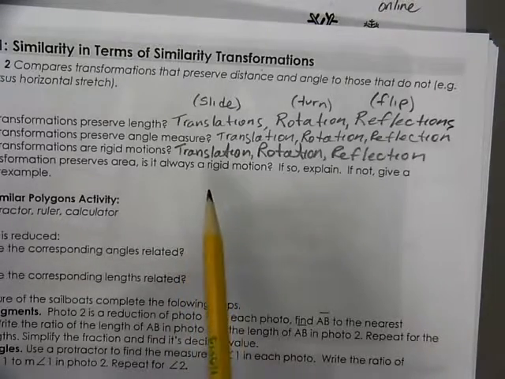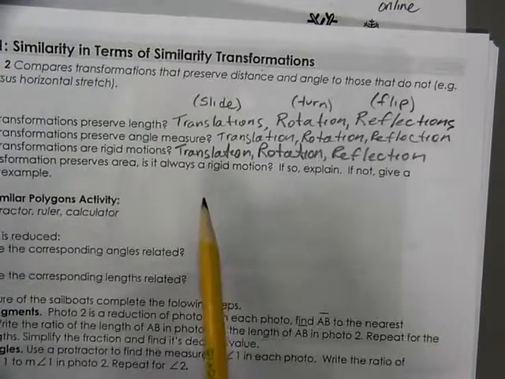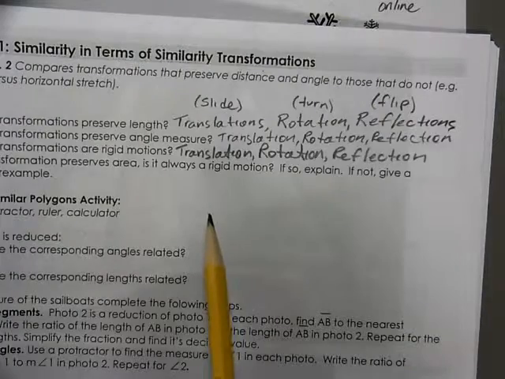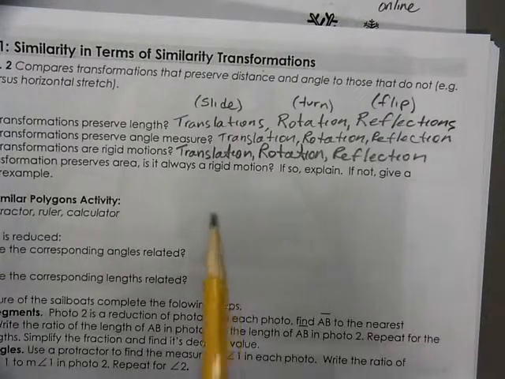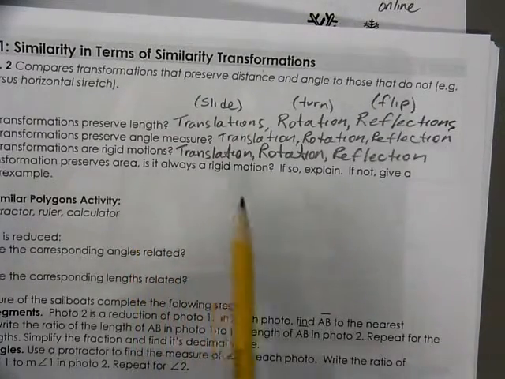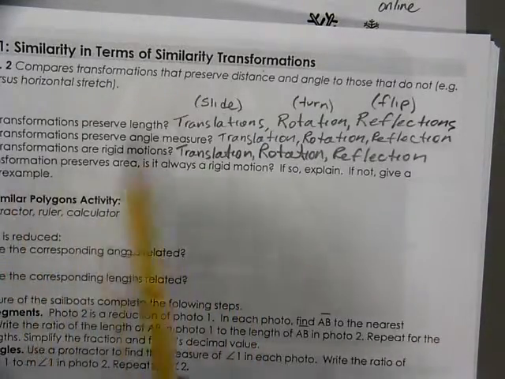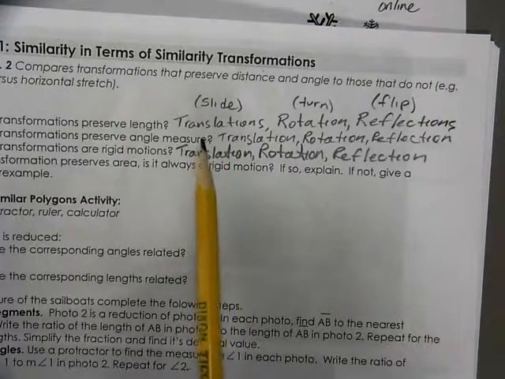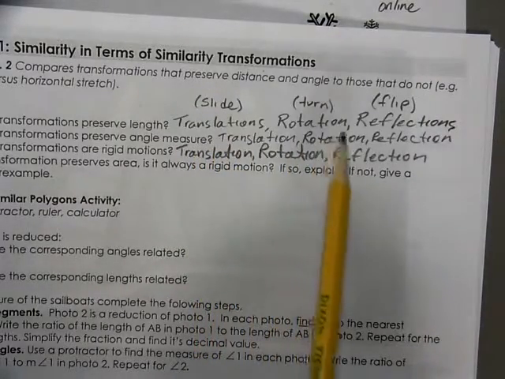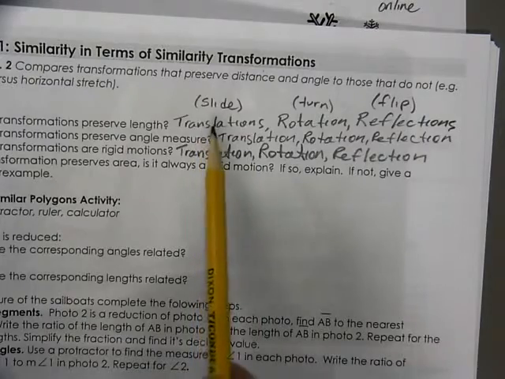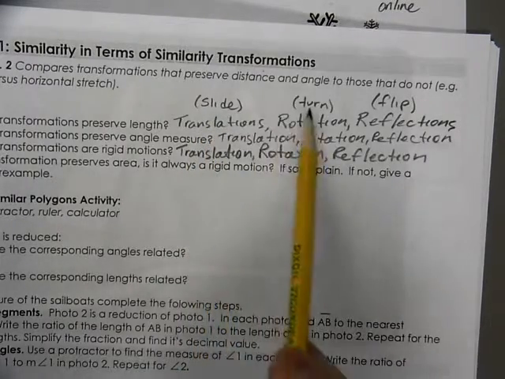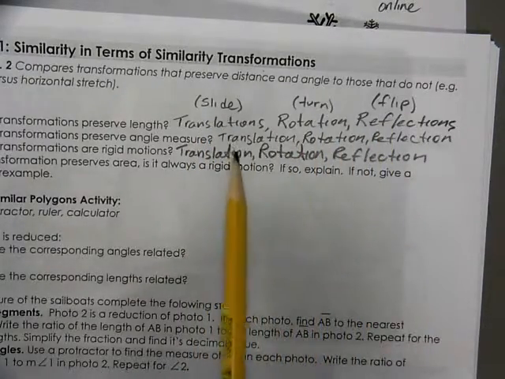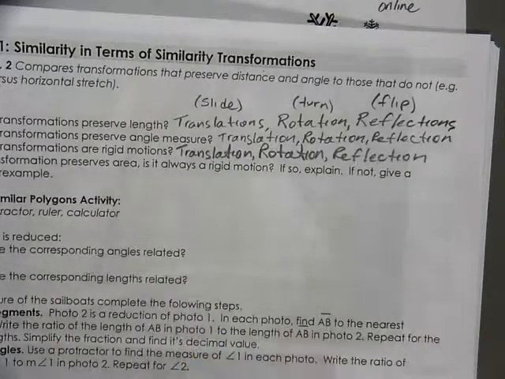It is possible that different triangles could have different dimensions with the same area, but when you change those sides, you're not going to have rigid motion anymore. These different transformations would not produce a different area. All of these, a slide, a turn, or a flip, would all keep the same area.